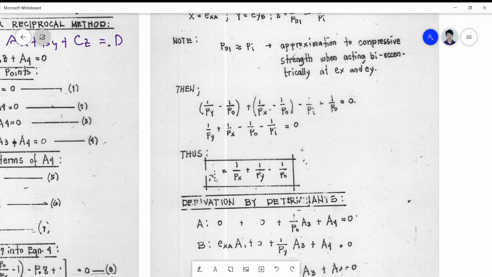Okay, so 1 over Pi is equal to 1 over Px plus 1 over Py minus 1 over Po.